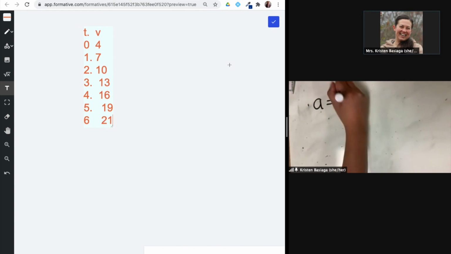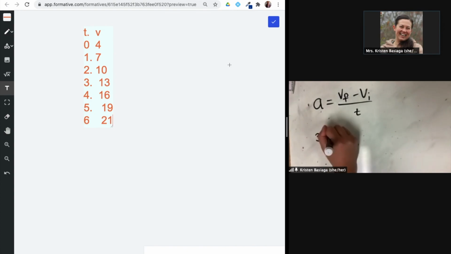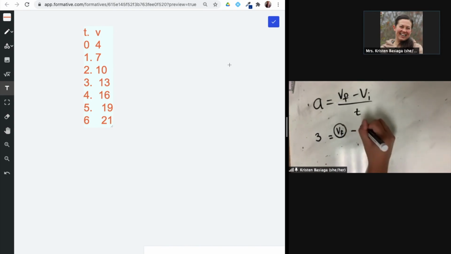Alternatively, acceleration is the change in velocity over time. The acceleration was 3. We're trying to find the final velocity. The initial velocity was 4, and the time is 6. So 6 times 3 is 18.